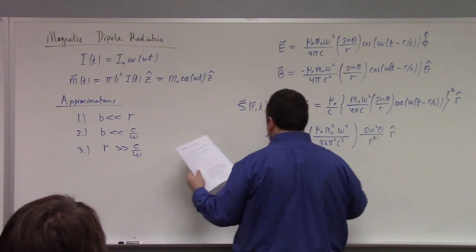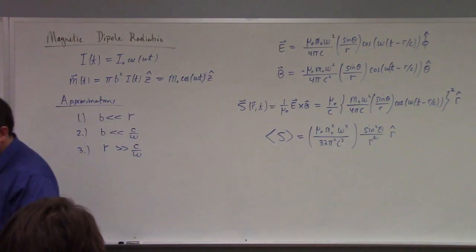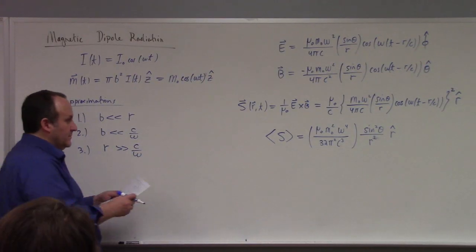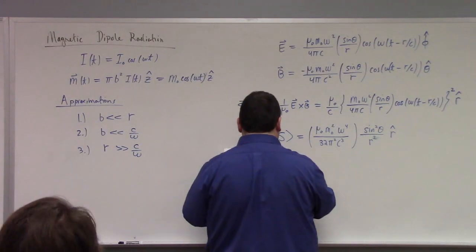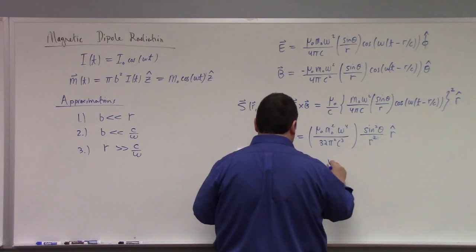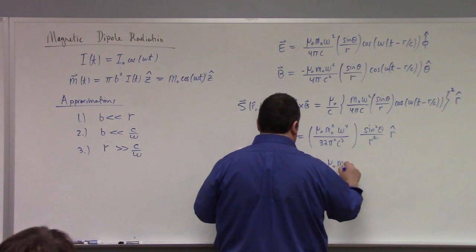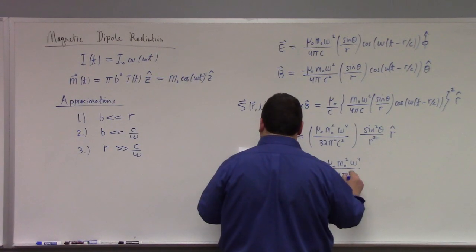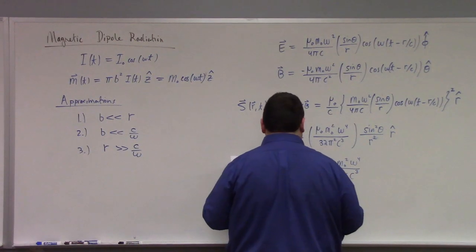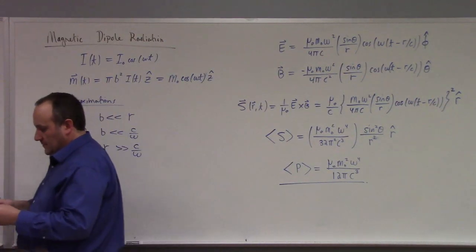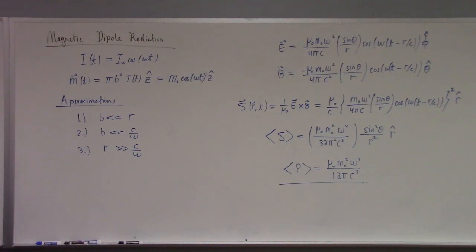And once more, to find the total power radiated, you've got to integrate that thing, right? Well, anyway, he doesn't even show it, but I guess it's probably the same integral as the one that I already skipped over earlier. So mu naught m naught squared omega to the 4th divided by 12 pi c cubed. There you go. That's the average power that the magnetic dipole radiates per cycle.